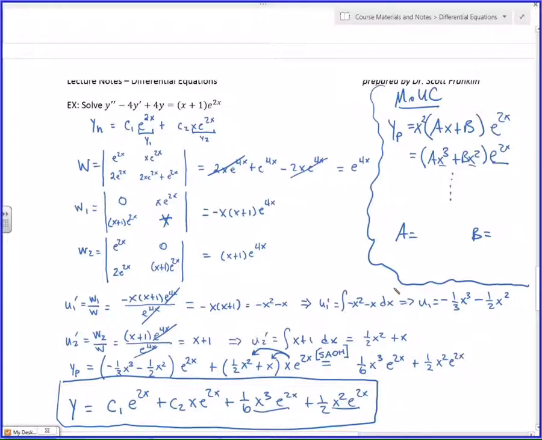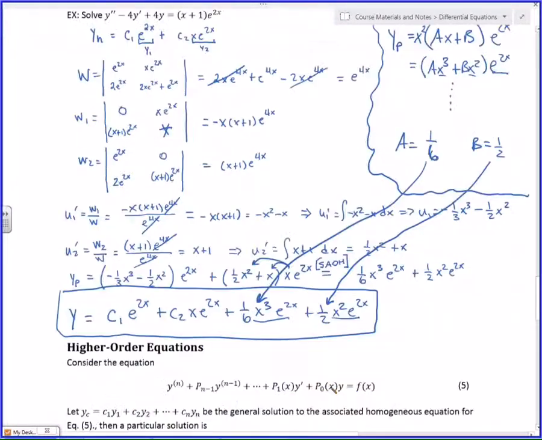So if you were to do the method of undetermined coefficients, take the derivative twice, plug it in here, simplify it, set the left-hand side equal to the right-hand side, you'd get a turns out to be 1/6, and b turns out to be 1/2. Which matches exactly what we get from the variation of parameters method. Completely different techniques, but they end up in exactly the same place. Okay?